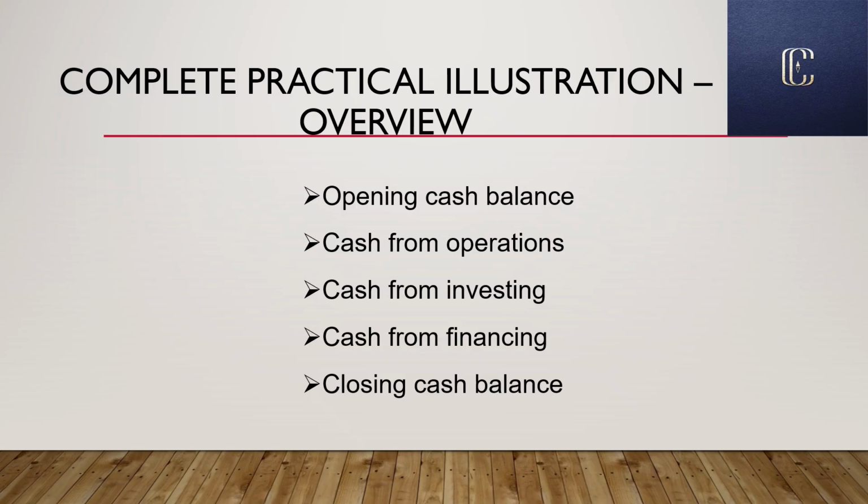The company purchases machinery, so the investing cash flow is negative 1 lakh, that is a cash outflow. That's why I mentioned negative cash flow. Negative cash flow generally means cash outflow. The fourth one is the cash from financing. The company issues shares, a financing cash flow of rupees 1,50,000.